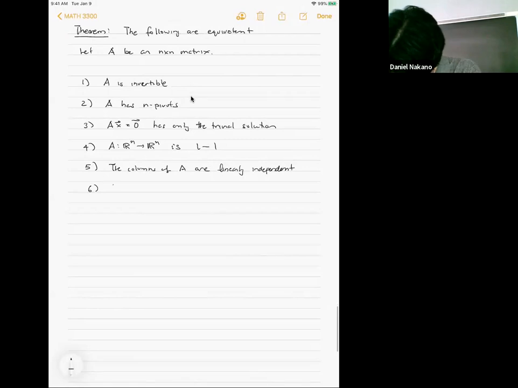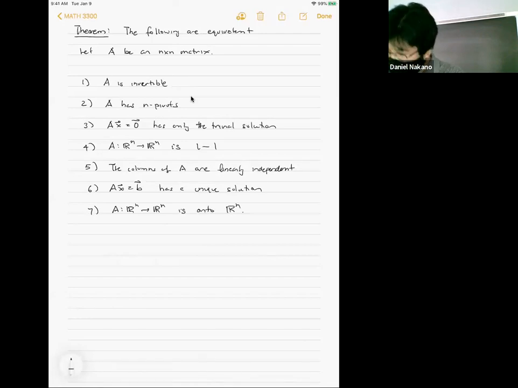Six, AX equals B has a unique solution. Okay, we've seen this before. If A is invertible, and we have a solution, then the linear transformation from Rn to Rn is onto Rn.